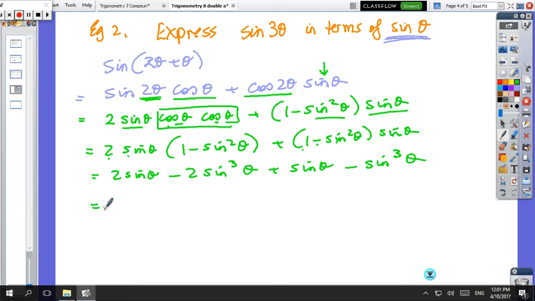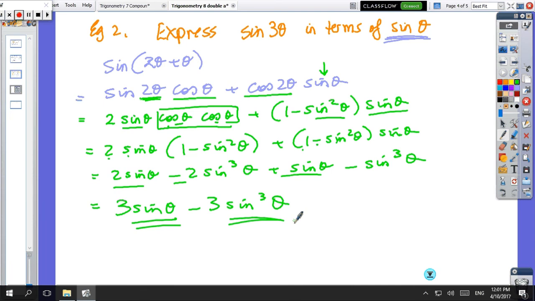And then just group terms. 2 plus 1 is 3, minus 2 minus 2 is minus 4. And so now all my answers have sine theta. So that's, I've got, oh, not QED, but I've actually finished it.